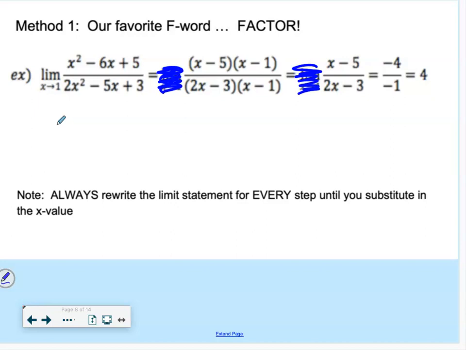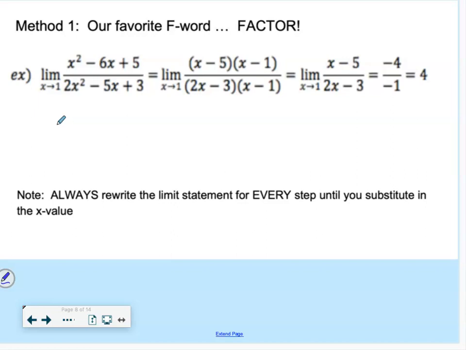Then you said this rational function is equal to this rational function. Also a lie, right? Different domains. And then you said this rational function is equal to the number 4, which is just nonsense, right? So anyway, you can't lie. You've got to have your limit statements every single time. I promise you, College Board's going to take off if you don't. So be very careful about your limit notation.